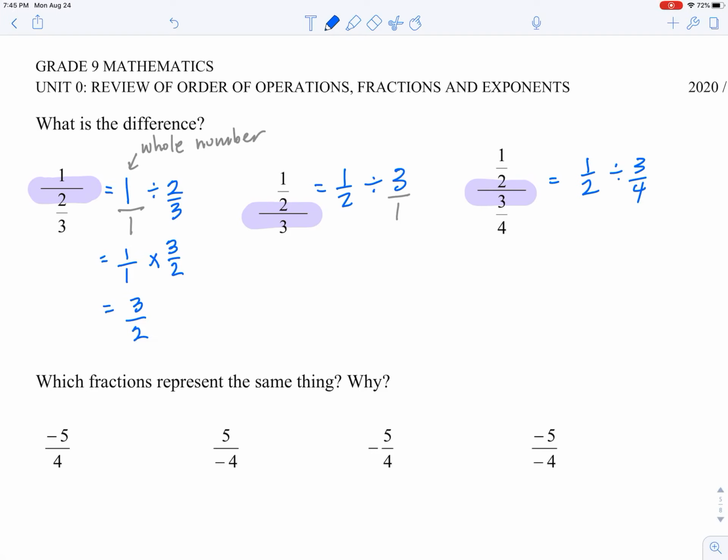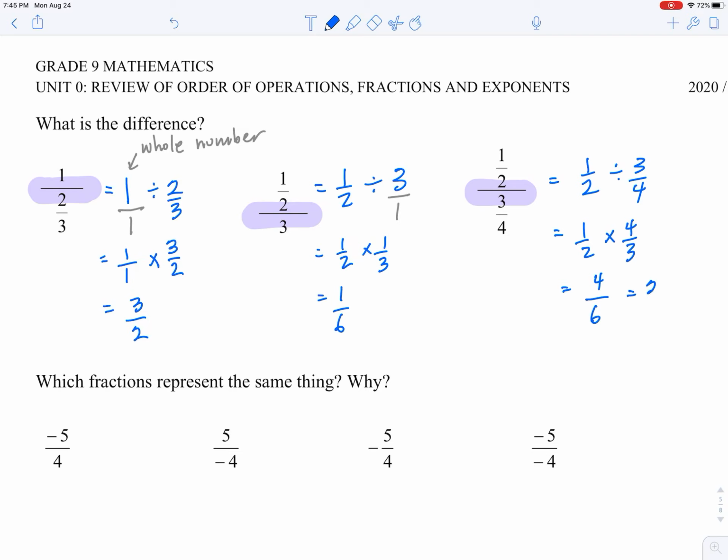So here, I'm going to keep my first fraction, flip the second, and then top times top gives me 1. Bottom times bottom gives me 6. So those are very different. This last one, first fraction's a half. Dividing by 3/4 is the same as multiplying by the reciprocal, which is 4/3. And then top times top gives me 4, bottom times bottom gives me 6.